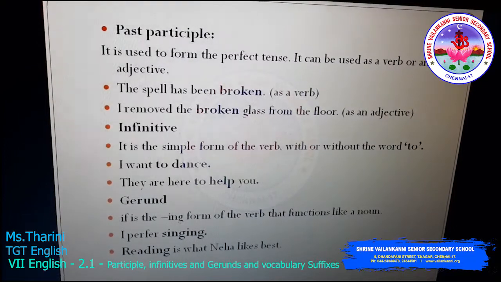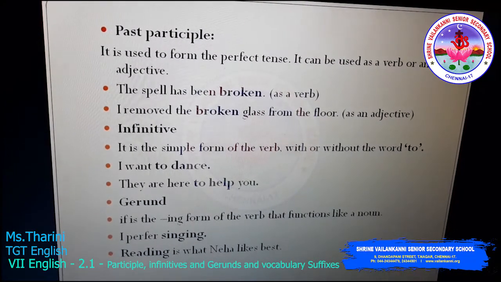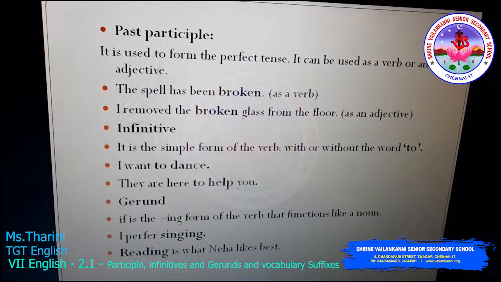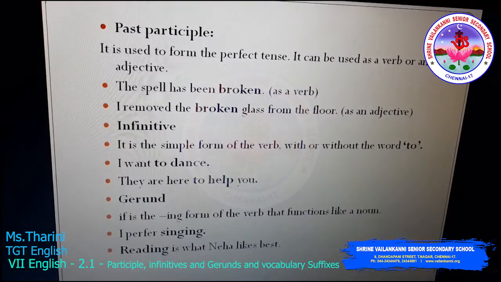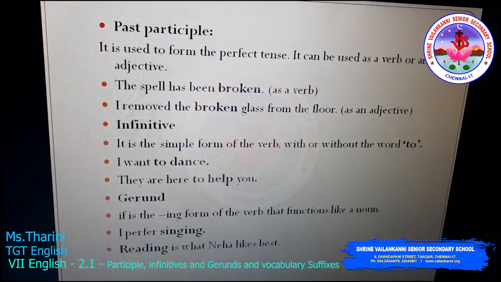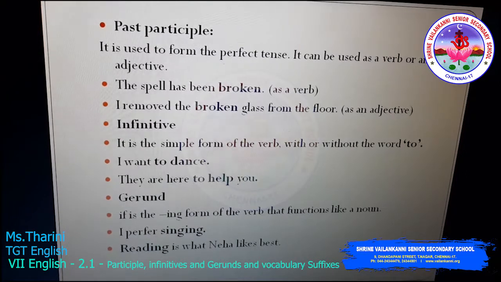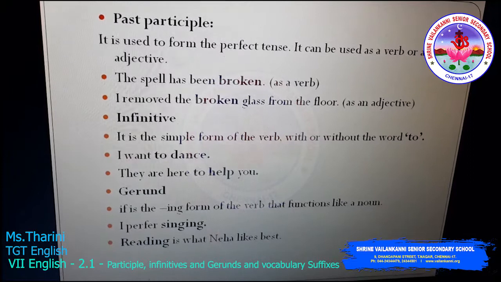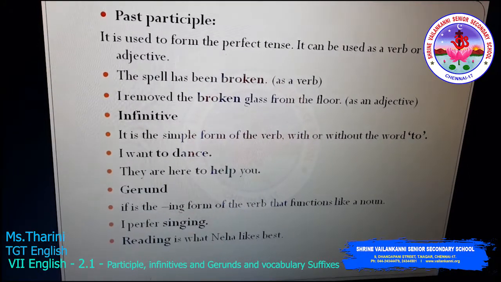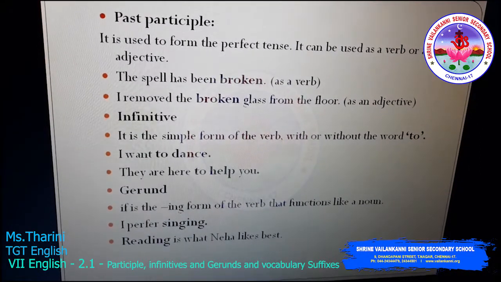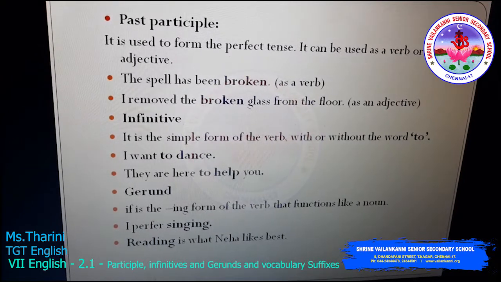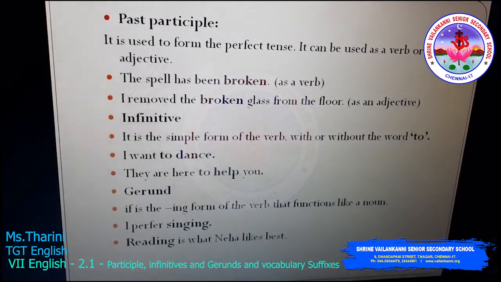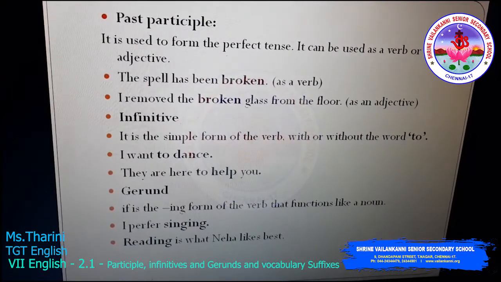It is the ing form of the verb that functions like a noun. Gerund acts as a noun. Yes, I prefer singing. So here singing is not a verb, it is a noun. Reading is what Neha likes best.